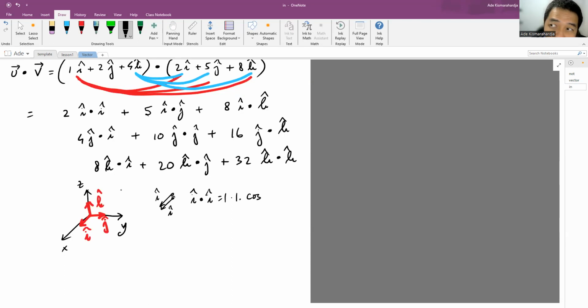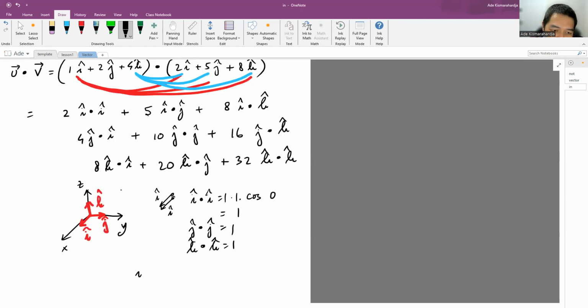If they are pointing in the same direction, because i and i point in the same direction, the angle between them is 0. So the value of i·i is simply 1. That's also true for j·j, which is also 1, and k·k, also 1.